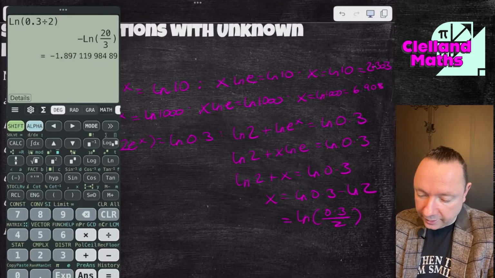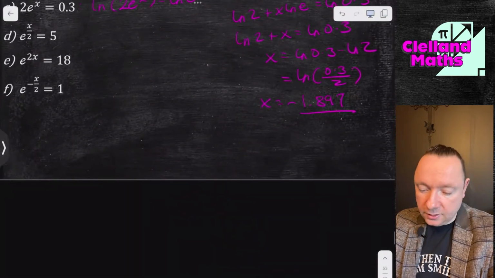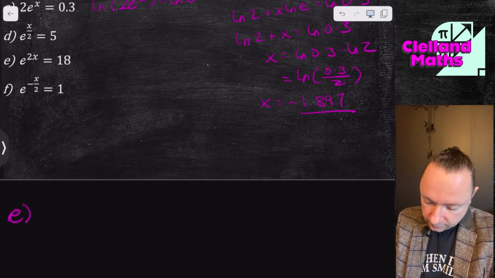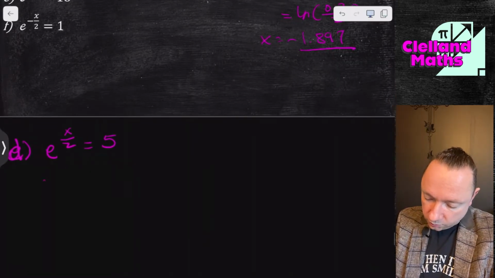Minus 1.897. Looking at D, we've got e to the x over 2 equals 5. This is D, sorry. So we can take the log of both sides.